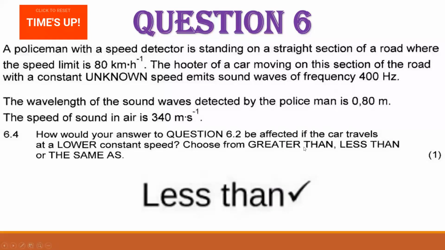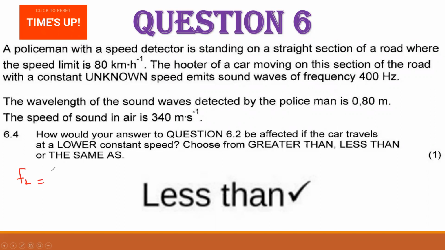The answer says less than, so why? Let's explain. If it is going slowly, the frequency gets less, because coming slowly affects it less. We can show it with the formula also. What was our formula?